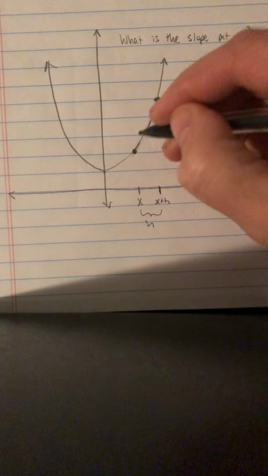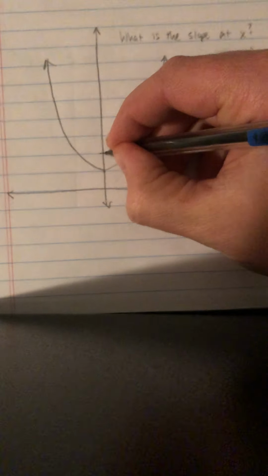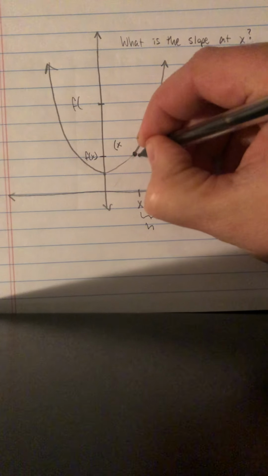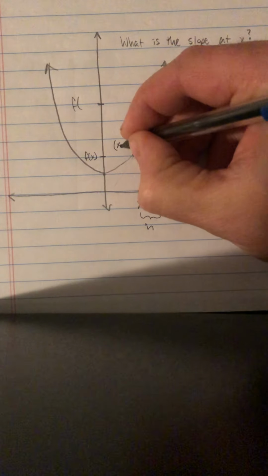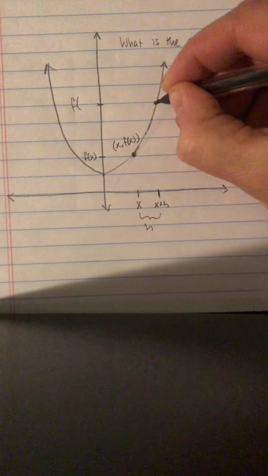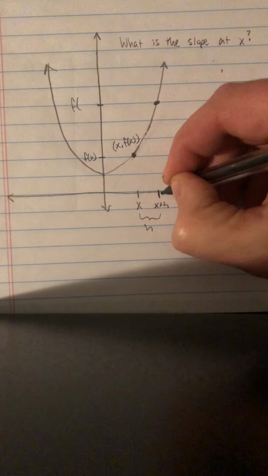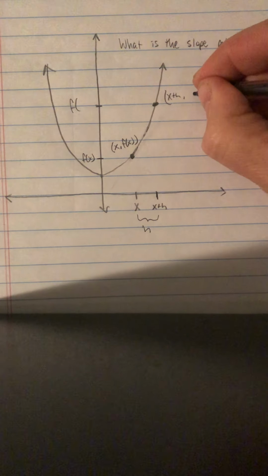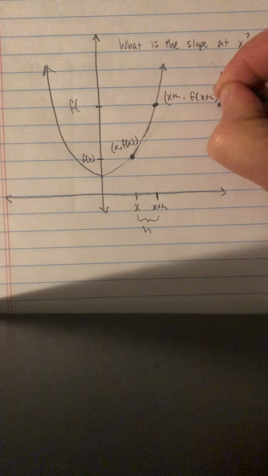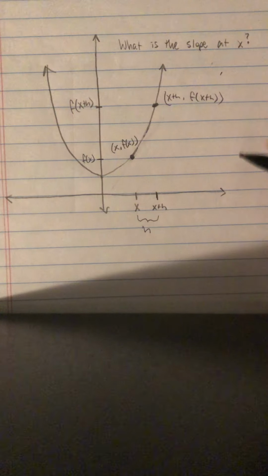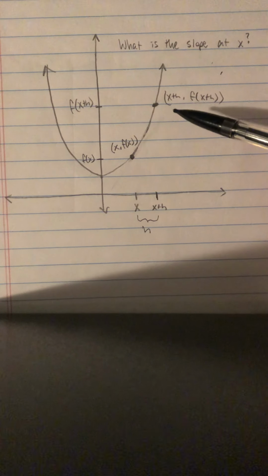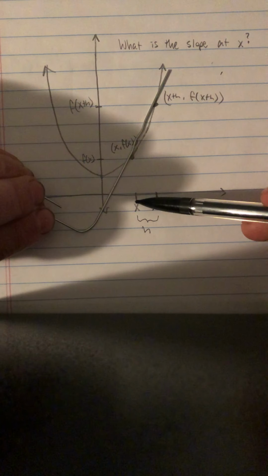And then to look at these points, well, let's call this point just f of x. So this would be x comma f of x. This point right here would be x plus h for your x value. And then your y value would be f of x plus h. If we try to just do the regular slope formula, so this is basically the exact same thing that we were doing before, like this was 2 and this was 3.